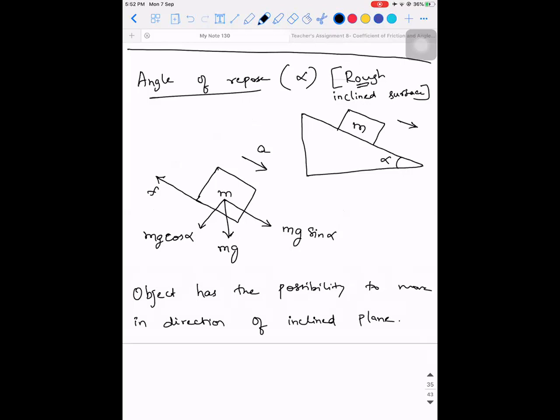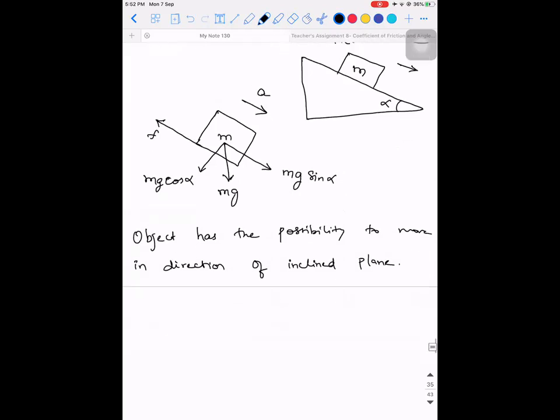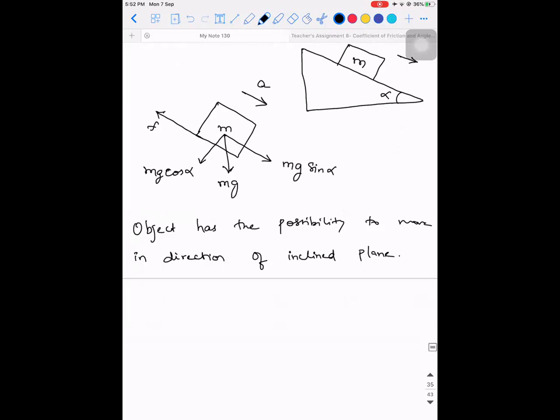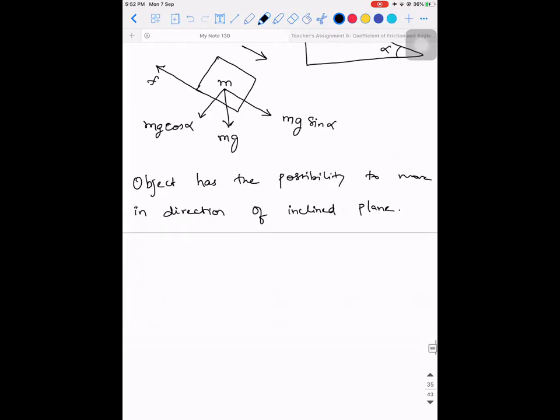Now the question to be answered is, any object can move only if there is an unbalanced force. Right? So if it has to move, then mg sine alpha should be slightly greater than the frictional force. If mg sine alpha is greater than the frictional force, then the object starts sliding down.